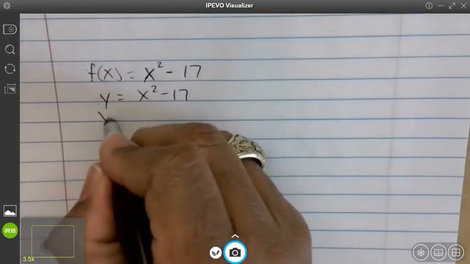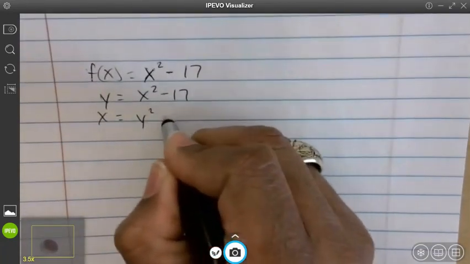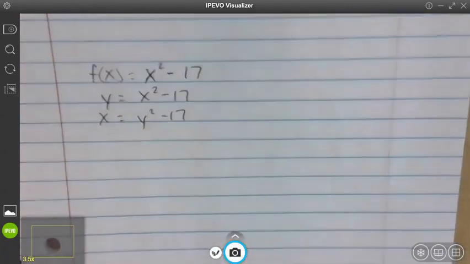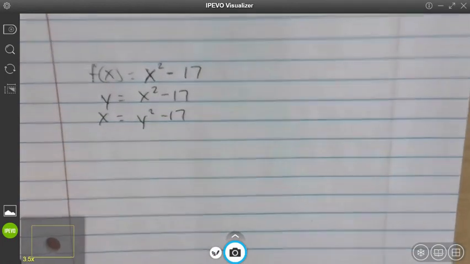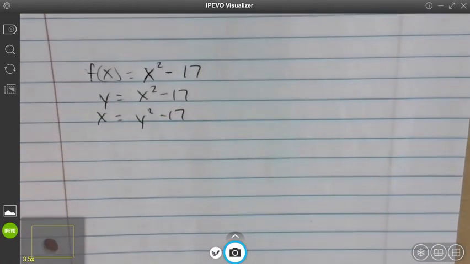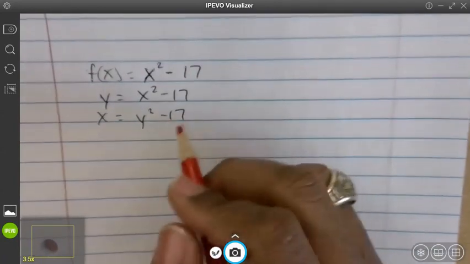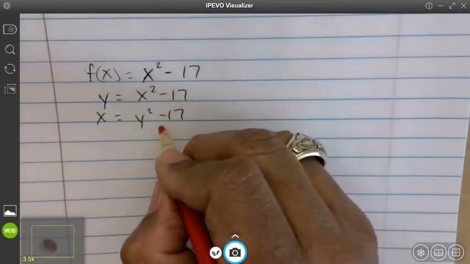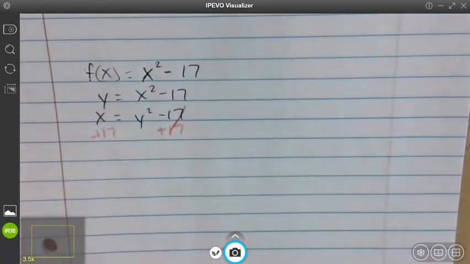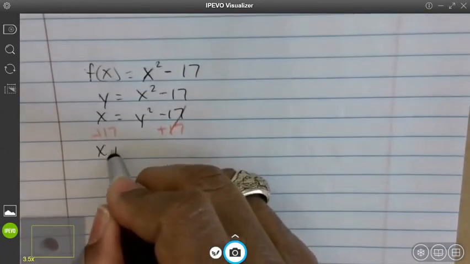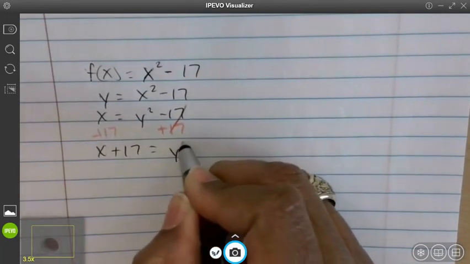Switch the x and y. x equals y squared minus 17. Now let's solve for y. Remember, anytime you're solving, you're really doing the opposite, so you're doing your order of operations in reverse order. That's why you have to do your addition and subtraction parts first. So I'm going to add 17 to both sides of the equal sign. It gives me x plus 17 equals y squared.